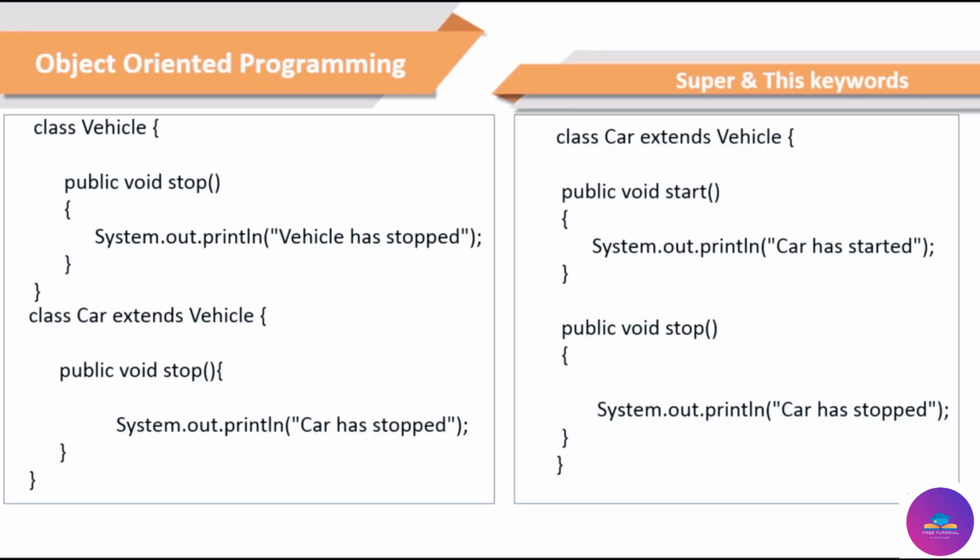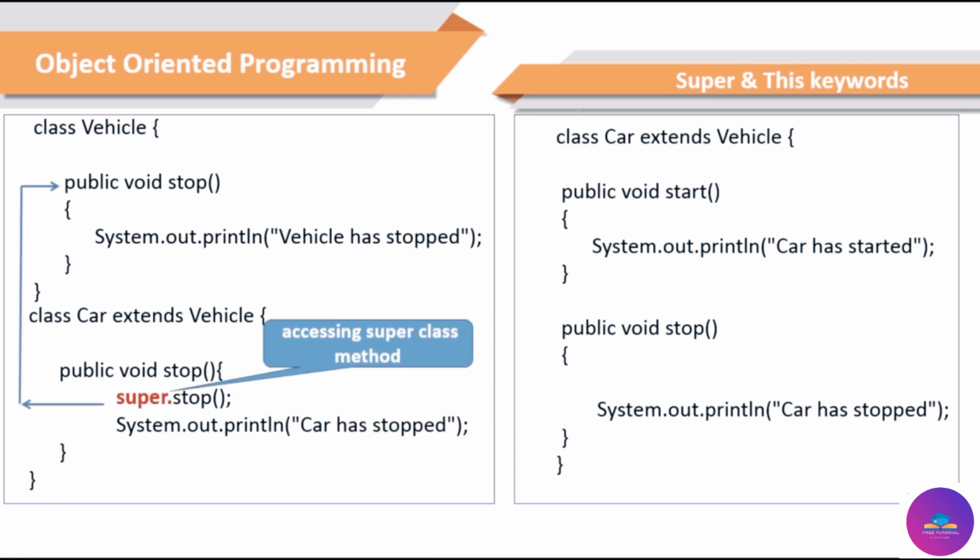Super and this keywords. Super is a keyword that's used to access the superclass members from the subclass. Super as a keyword gives us simple access to constructors, fields, and methods of the superclass. In our example, the subclass Car class is using the super keyword to access the stop method of the superclass Vehicle.